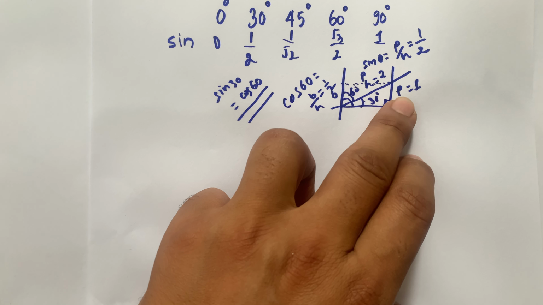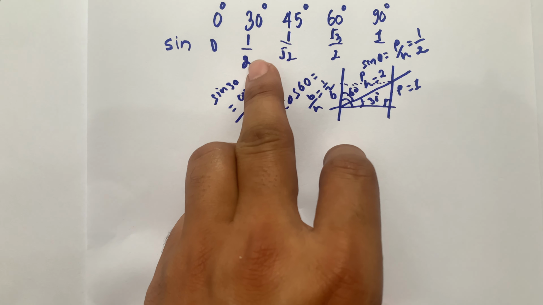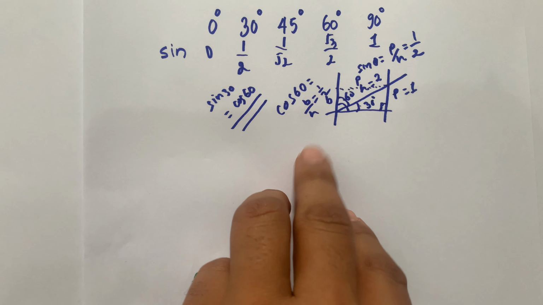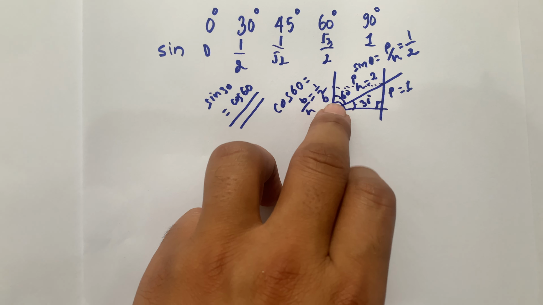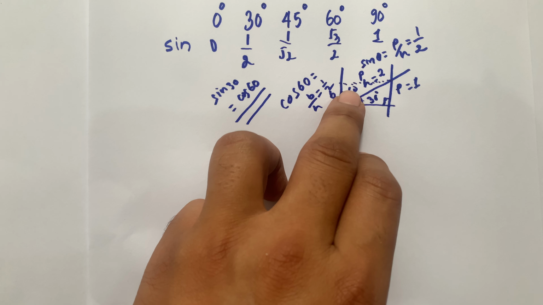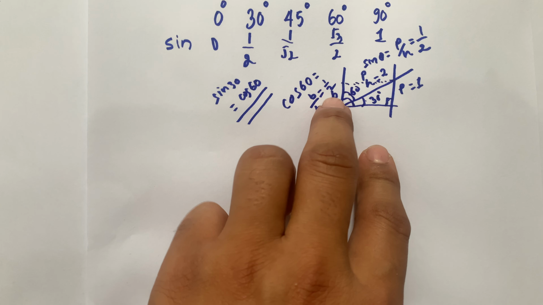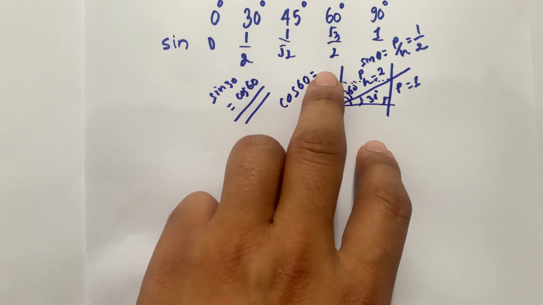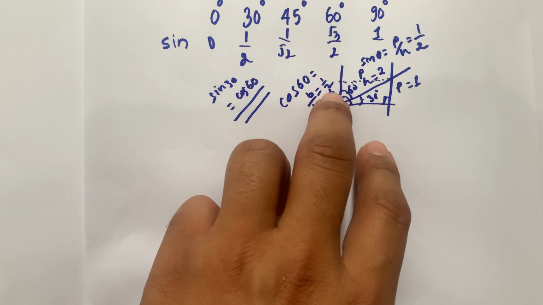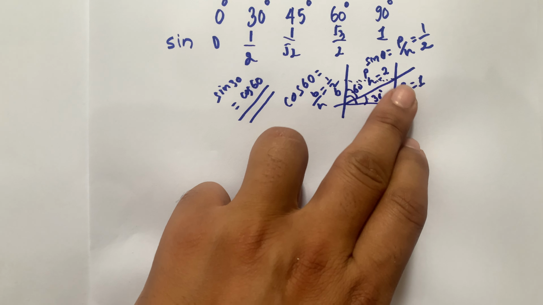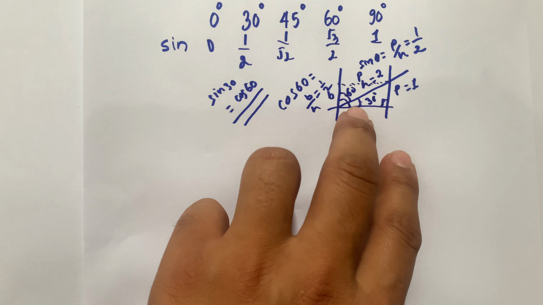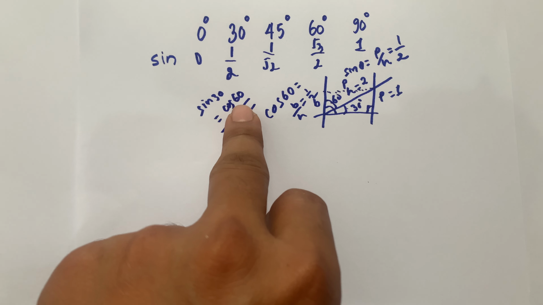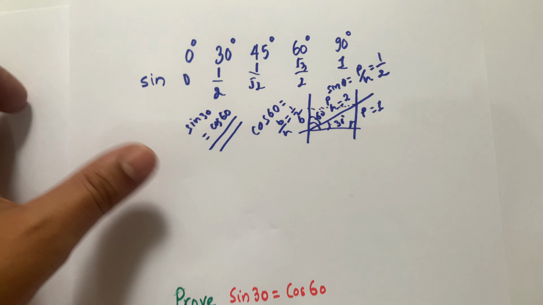If P is 2, then H must be 4 to make this equal 1 by 2. Similarly, cos 60 is B by H. This is P, this is B and this is H. So cos 60 means this side over this side, 1 by 2. So they are equal. Sine 30 and cos 60 are equal in that way.